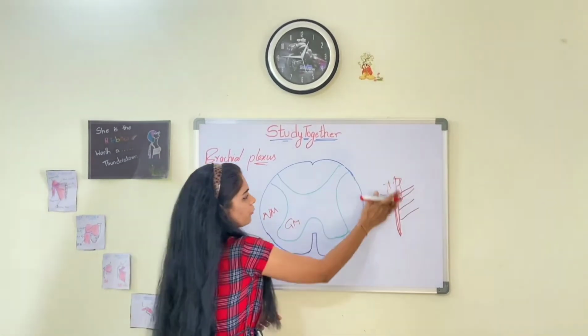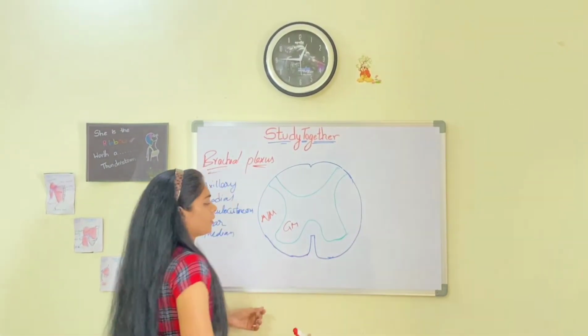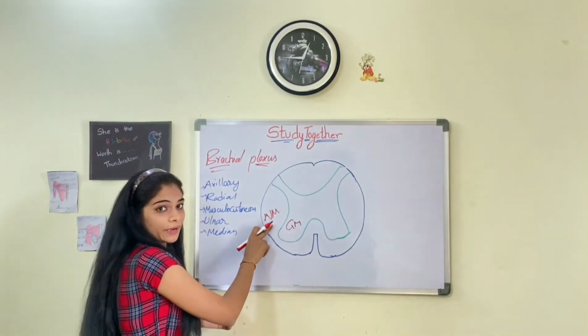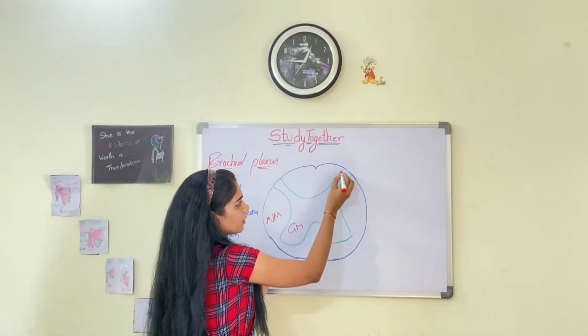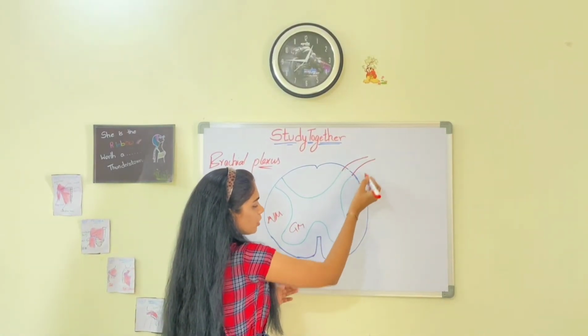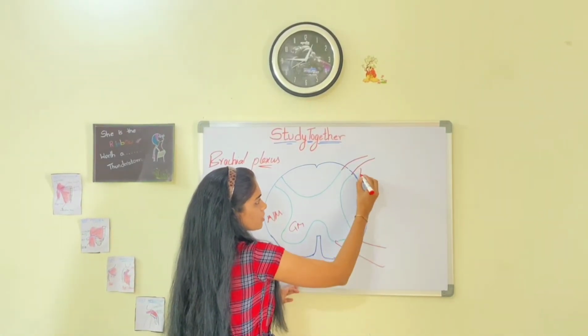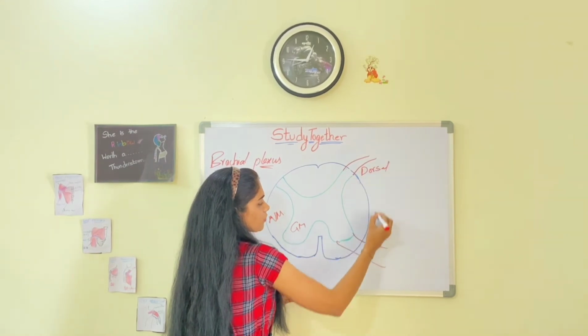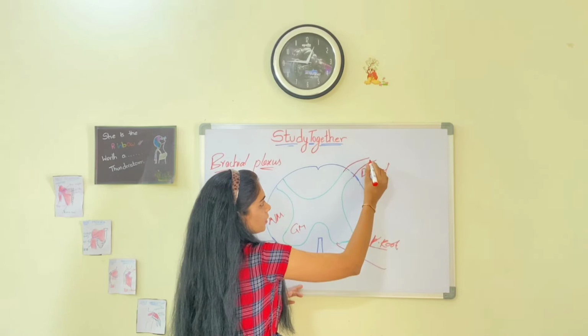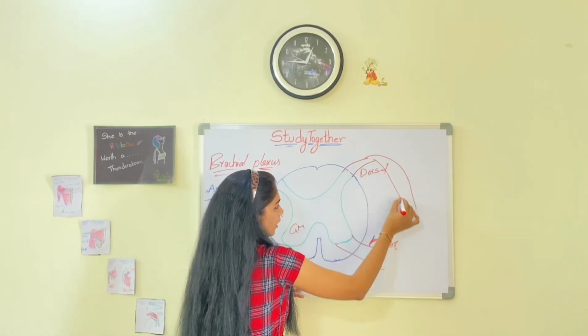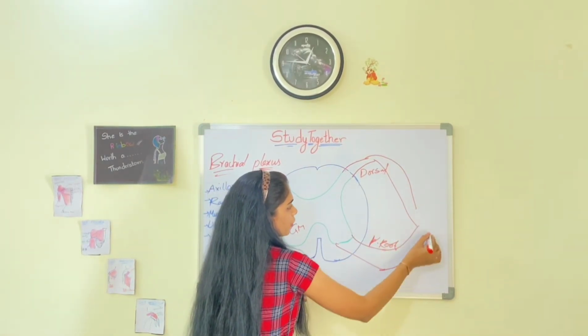So if you take this as spinal cord, now this is your gray matter, white matter, okay, this is your whole spinal cord. From here, the spinal cord gives rise to your dorsal root and ventral root. This is your dorsal root and this is your ventral root, okay. These two roots combine and form your spinal nerve.